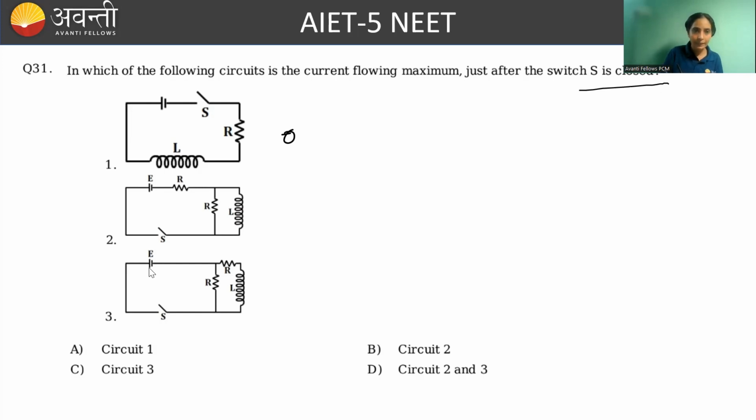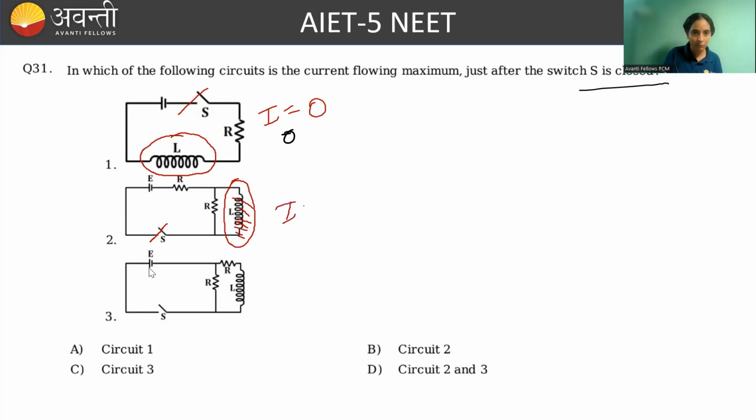Now, in the first case, if we close the switch, the inductor will behave as an insulator, so there will be a break in the circuit and no current will flow. So in the first case, no current. Now in the second case, the moment we switch, this will act as an insulator, so it will get out of the circuit, and our circuit will simply become two resistors and one voltage source.